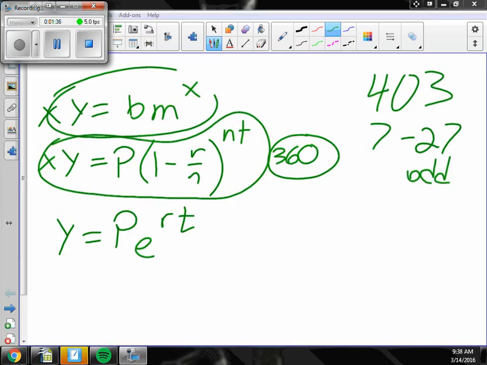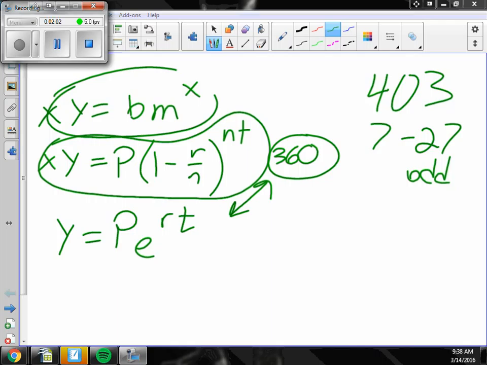When you switch from 1 compound a year to 2 times a year, that difference is a lot more than from 360 to infinity. So the more compounds, the less you get out of it. There is a difference between these two formulas. It just isn't very much. But everything's relative, right?